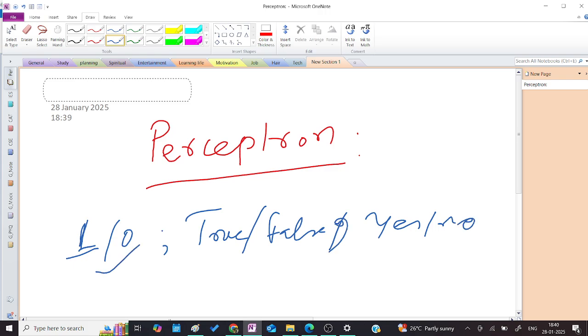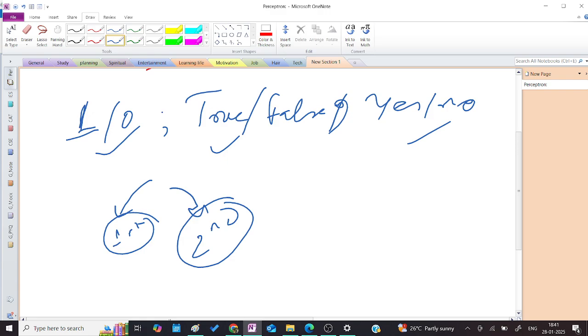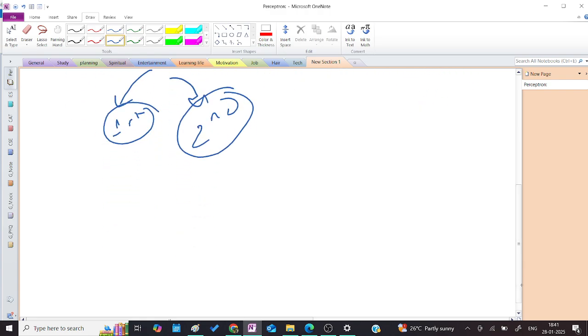So in any of these three cases, whenever we need to decide whether something belongs to the first class or second class, and there are only two classes, right? So we use perceptron.